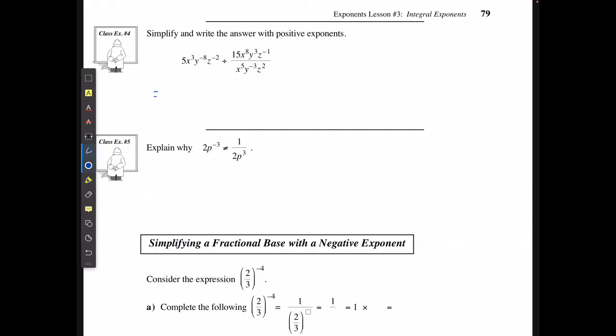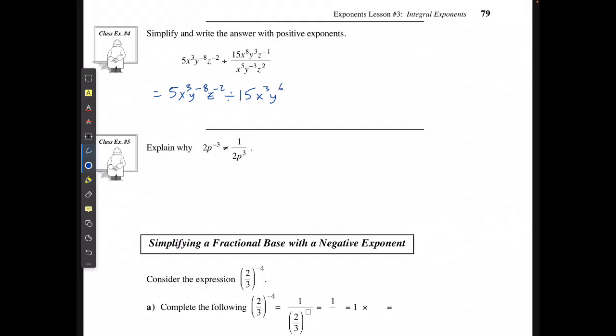I'm going to say that this is still 5x^3 y^-8 z^-2 divided by, and when I simplify this, if I have 15 over the nothing, it's still 15. x^8 divided by x^5 is going to leave me with x^3. y^3 over y^-3, 3 minus negative 3 is y^6.